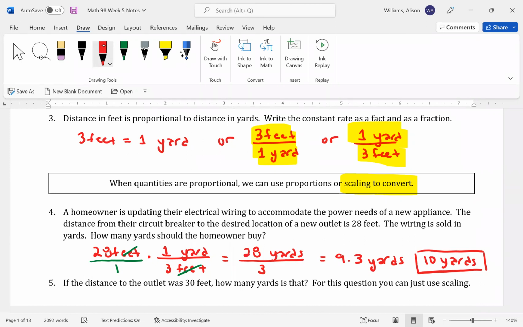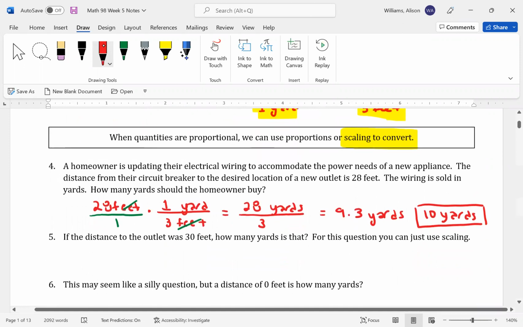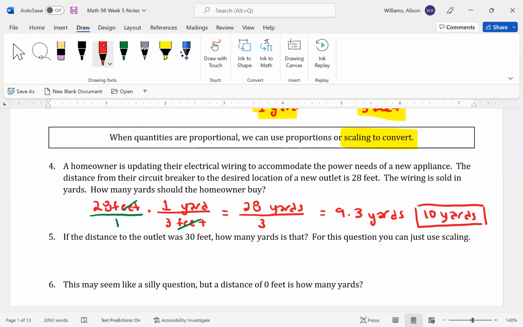This idea of multiplying with these two fractions is a common technique for proportions. Let's see if we get a chance to look at that again. If the distance to the outlet was 30 feet, how many yards is that? Now we're working with 30 feet.